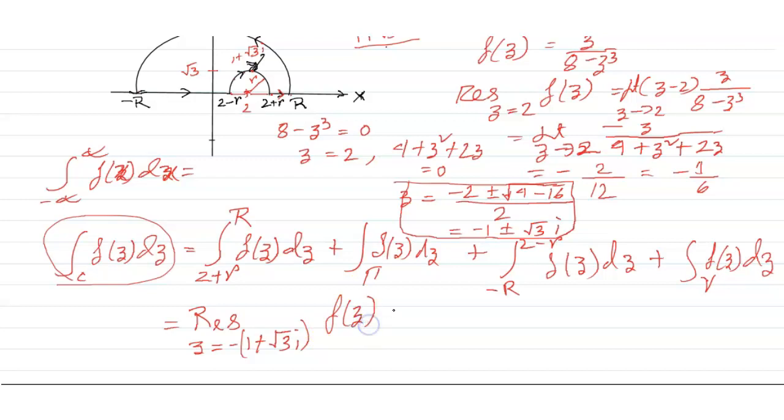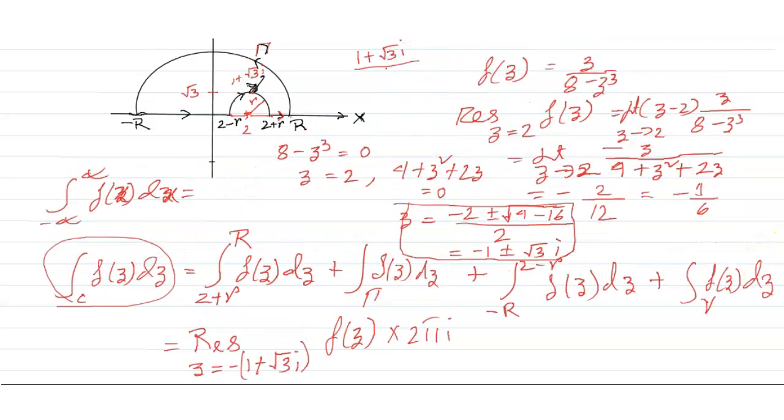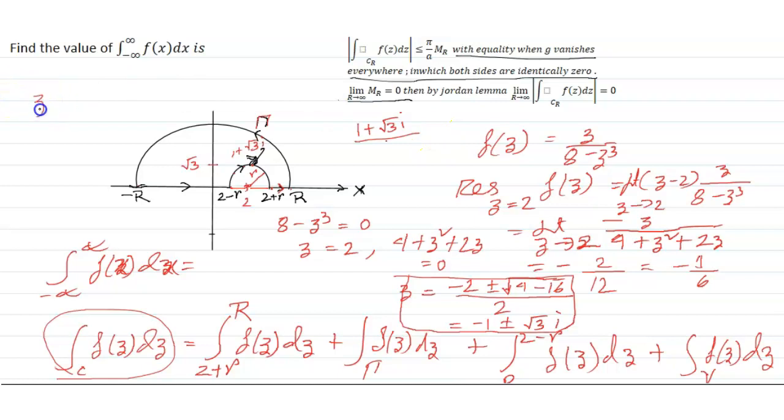This is a very conceptual problem. And why do I take 2 as my point? Because 2 is on the real line. You have to see that z equals 2 lies on the real line, and I have already drawn a circle, a path which avoids the point 2.